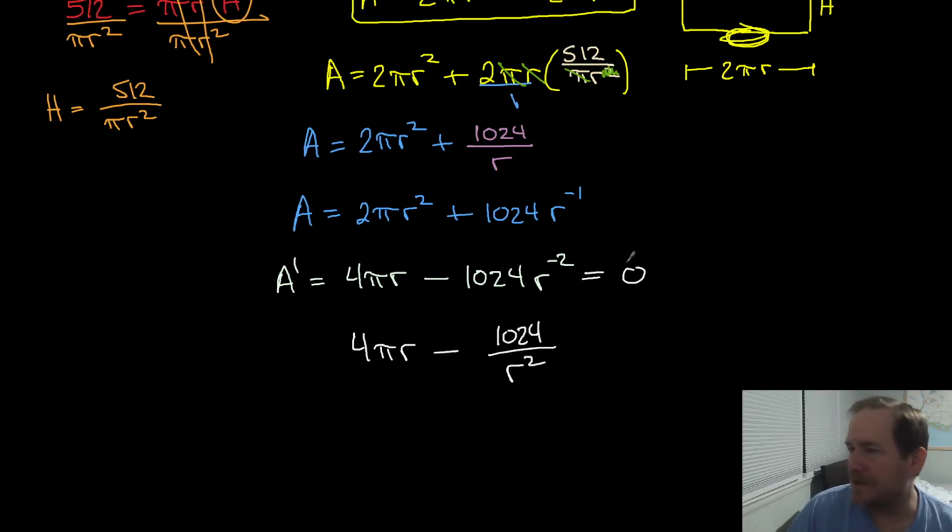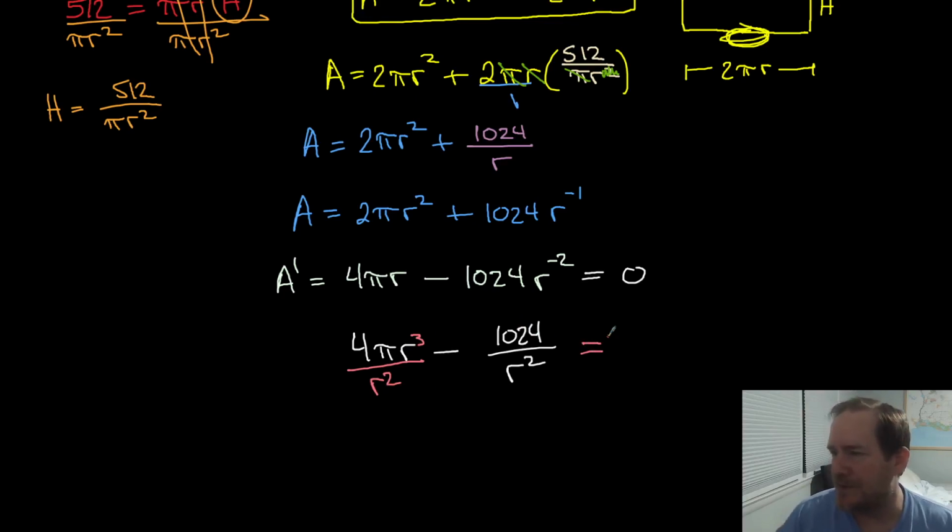And again, I don't want to miss any solutions, so I need a common factor of r squared. So I'd have to multiply by r squared over r squared, which brings this guy up to cubed. I already had an r. So if I multiply by r squared over r squared, then my numerator is r cubed, my denominator is r squared.